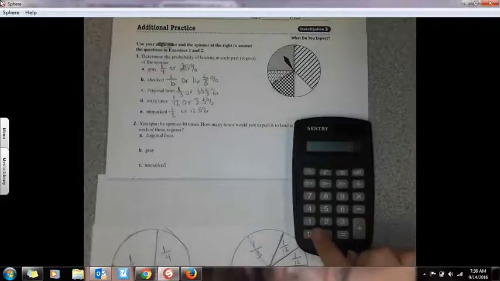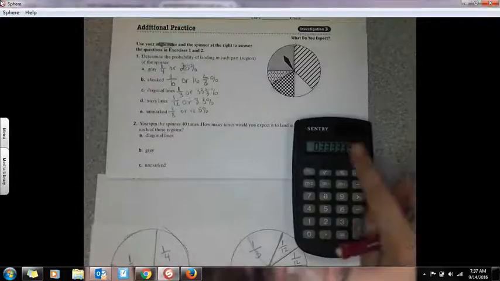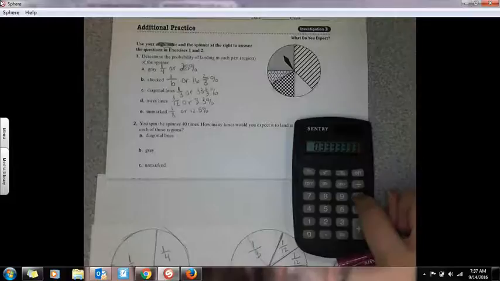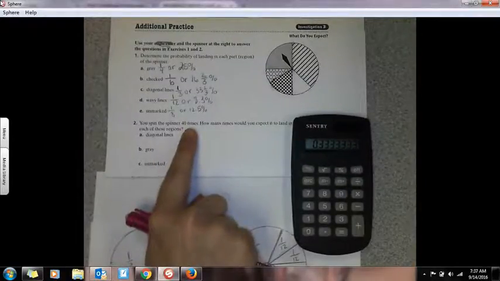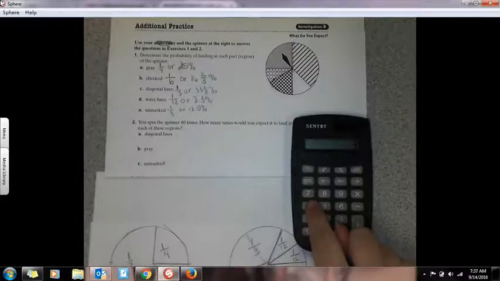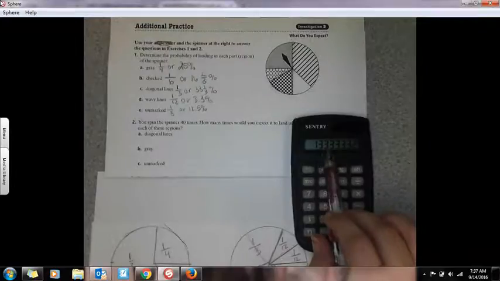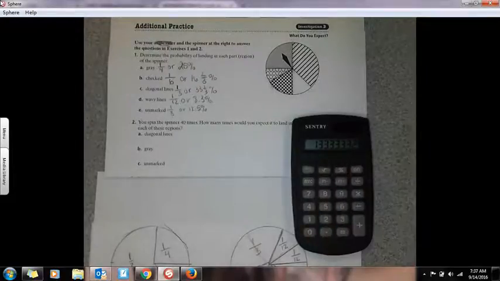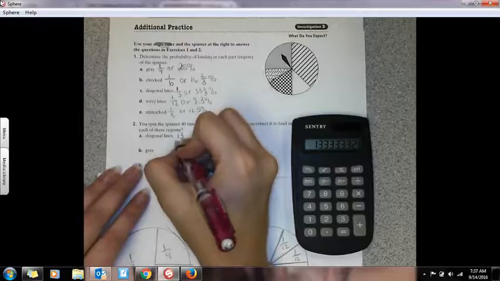I'm going to multiply that by 40, the number of trials we've completed. When I do that, here's the number I get, 13.333. I can't have 1/3 of a spin, so I'm going to round it to its whole number. So this would be about 13 times out of the 40 it will land in the diagonal lined area.